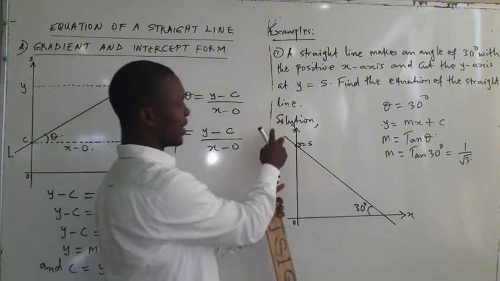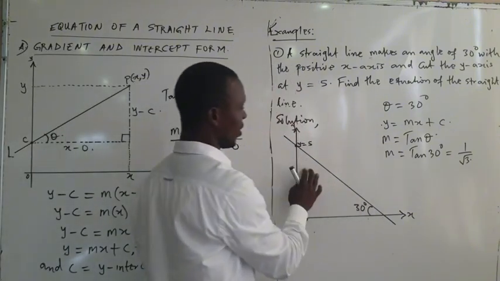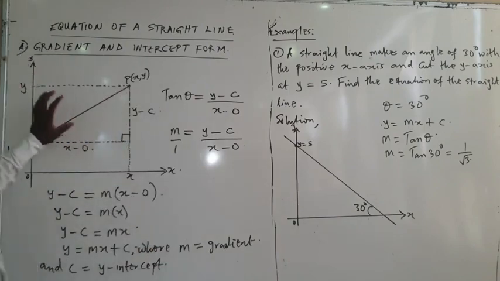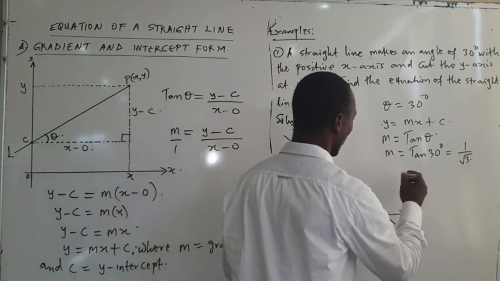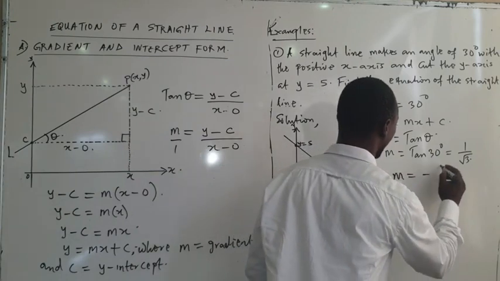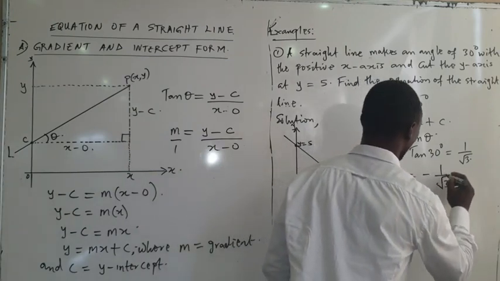But here we have a negative slanting line. So here the gradient will be negative, but there the gradient will be positive. That is why our m will now be minus 1 over root 3.